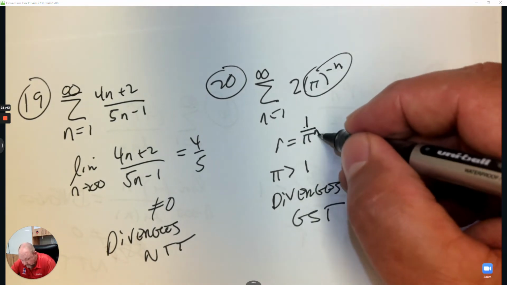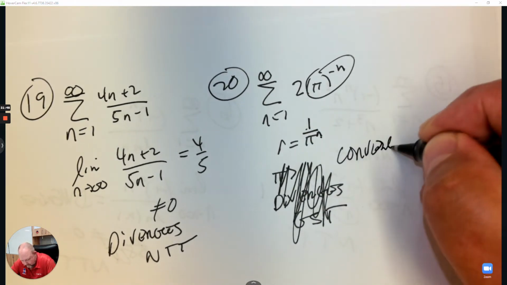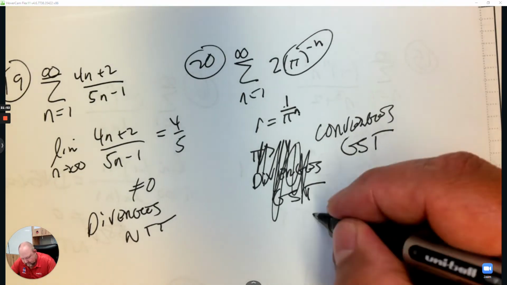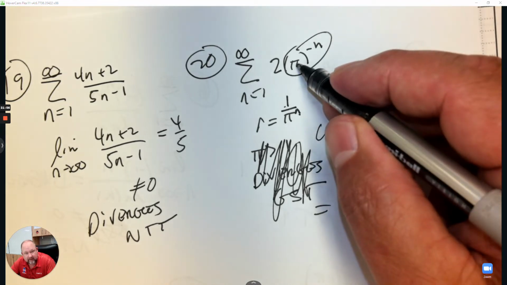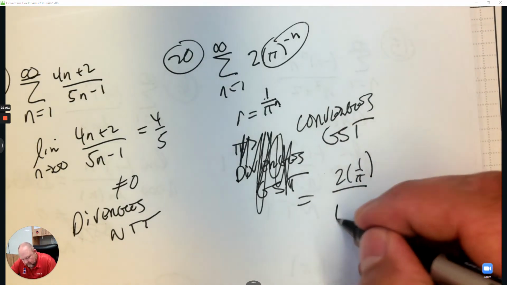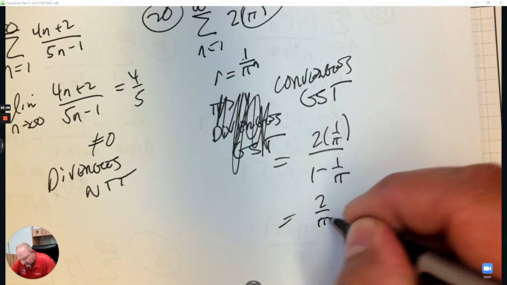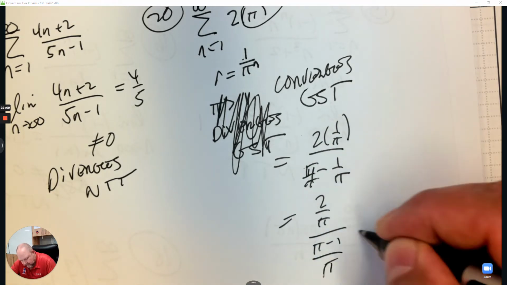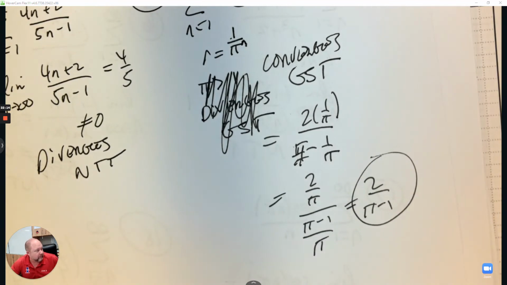So really the ratio is 1 over pi. So therefore it converges, because 1 over pi is less than 1. And the answer would be, if you plugged in 1, pi to the negative 1, so you'd have 2 over pi, make this pi over pi. So you have 2 over pi minus 1 is what it converges to.